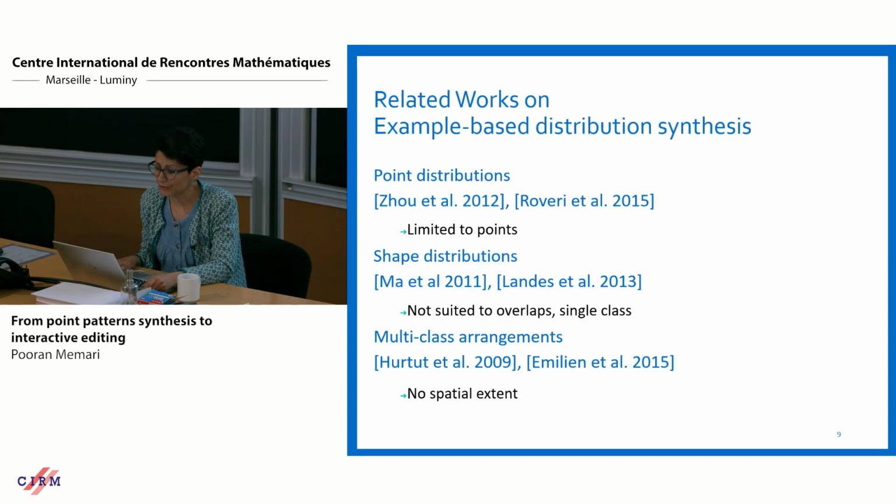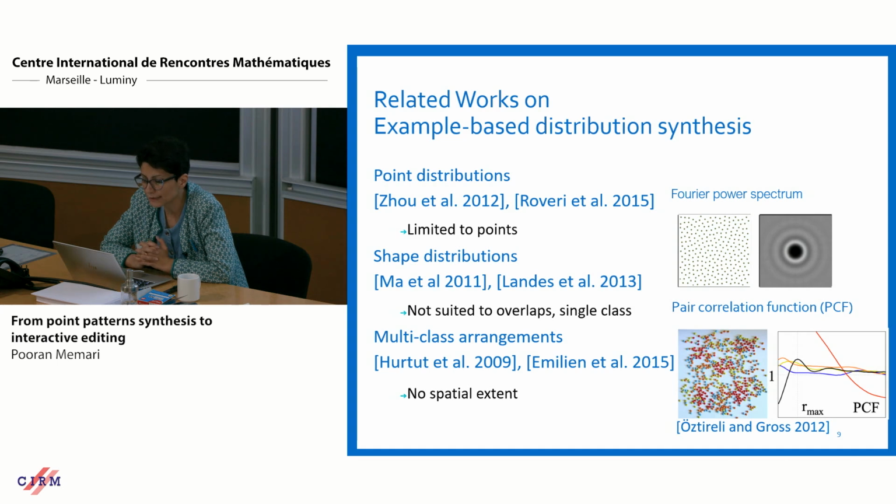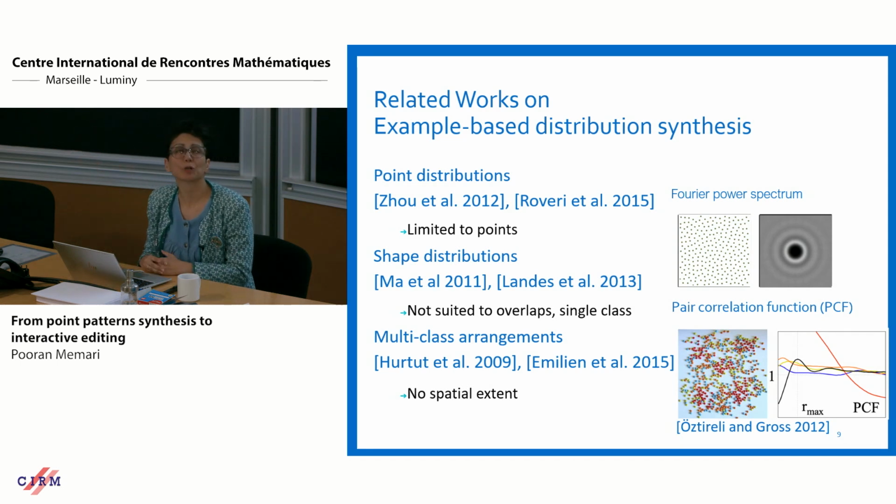So that was the very first motivation, and let me say a few words about related work. At least in the context of point distribution, there are many different works limited to points. I will come back to them, but the key components here are either the methods that consider the spectrum of point patterns, going through the Fourier power spectrum and looking at the point patterns as noises and considering their Fourier transform.